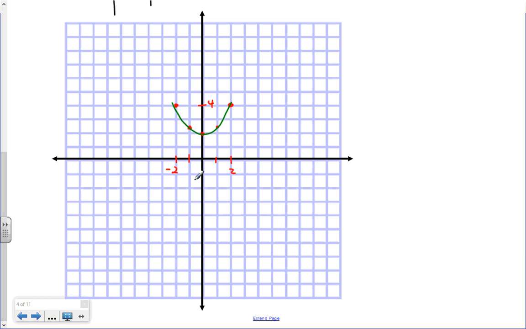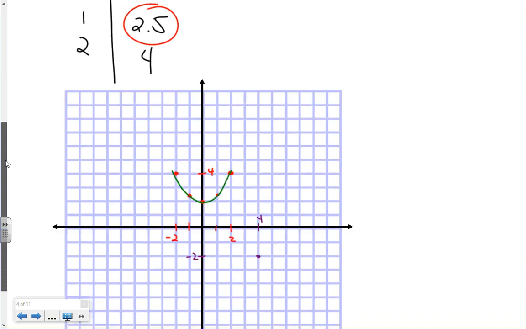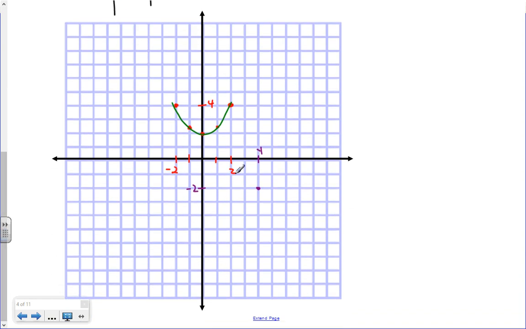So if I go out to 4 and -2, I'll plot a point there. And then the next point, instead of -1, 2.5, I'm going to go to 2.5 and down -1. That'll be about right here.